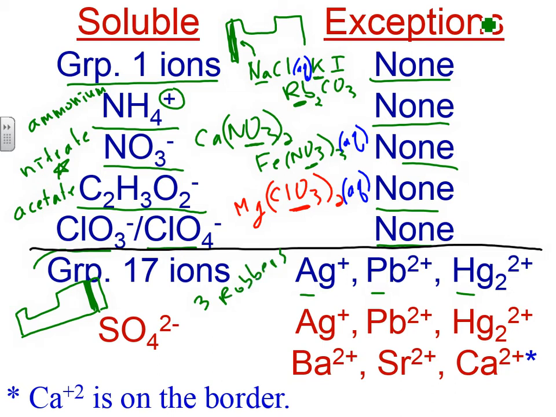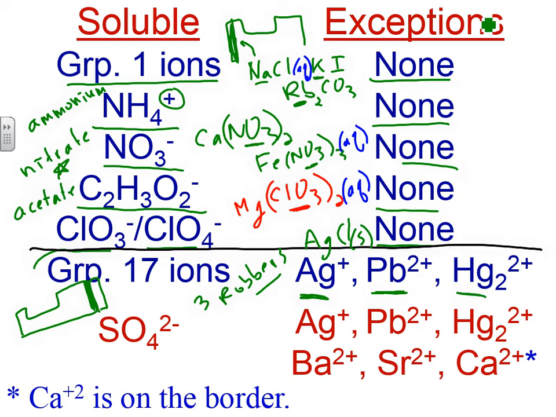So if you have silver that encounters chlorine, silver chloride, then will be a solid. Oops, that's a chloride. Will be a solid because it is not soluble. It's an exception to the solubility rules. Lead is also in the same category, and so is mercury.